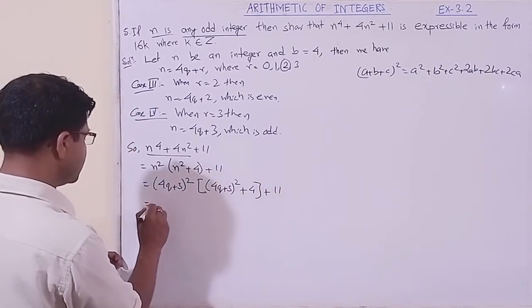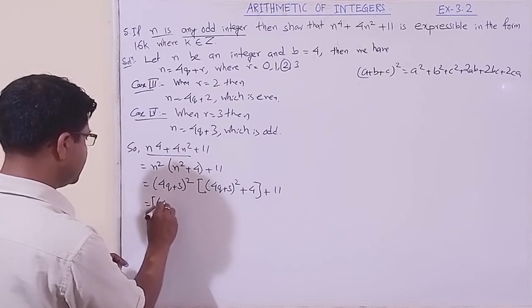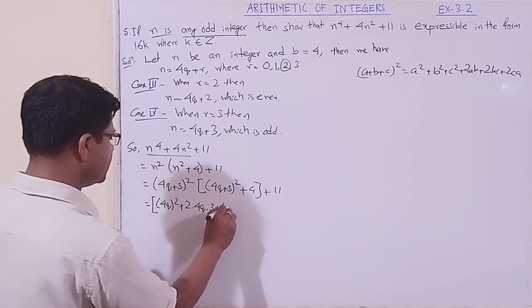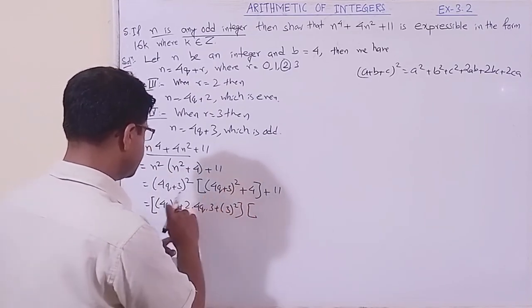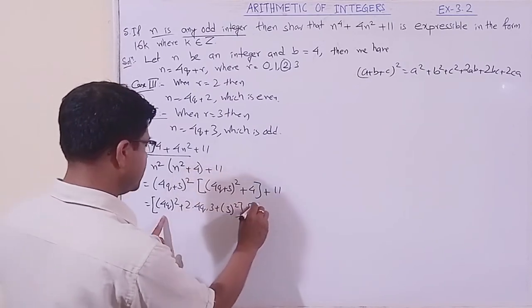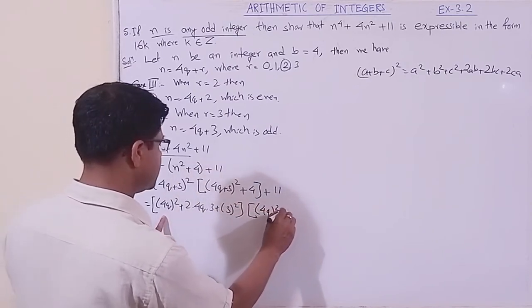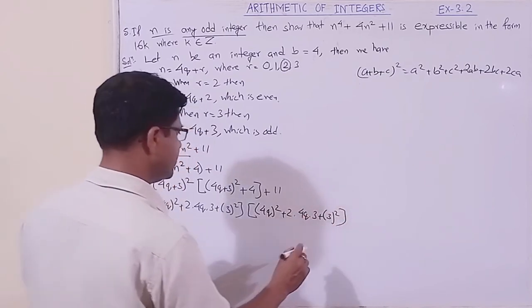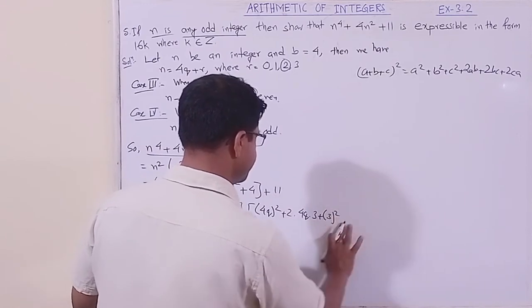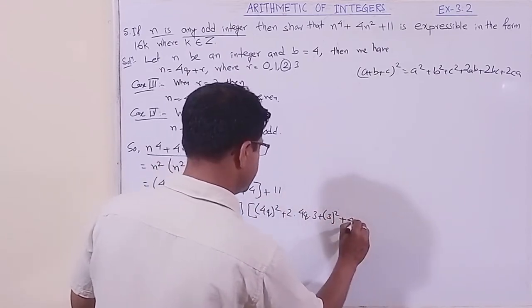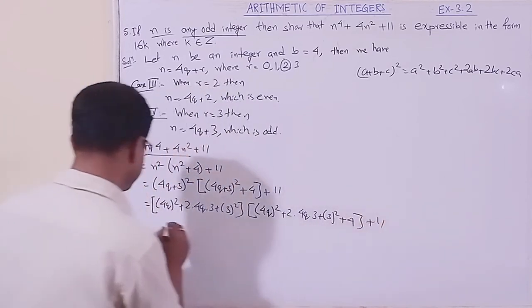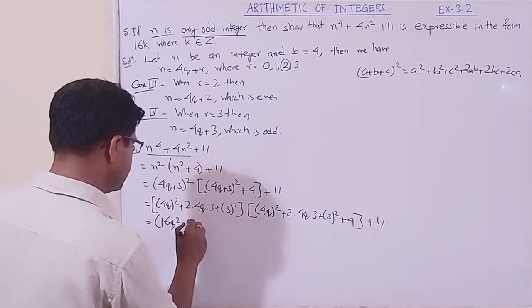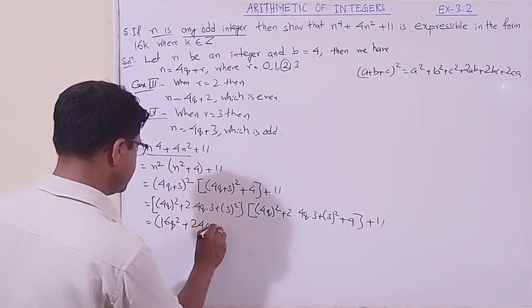So let us expand it: a square plus twice ab plus b square. The same thing we will do again. a square plus twice ab plus b square. Sorry, the 4 is left here, plus this 4 plus 11. So this is 16q square, 2 times 4 times 3 is 12, so 24q, plus 9.